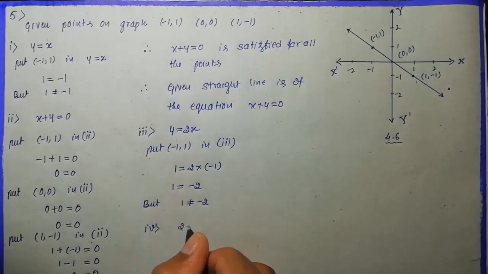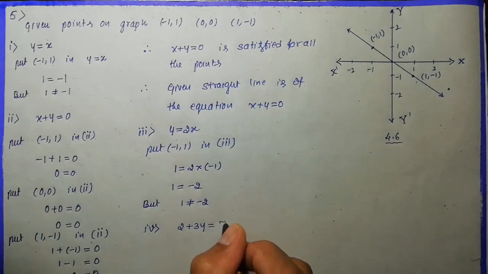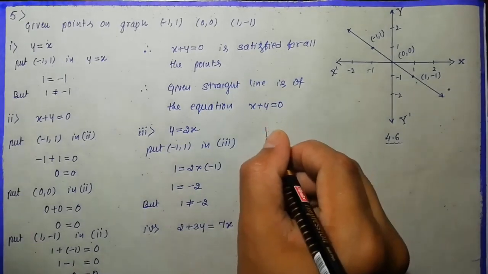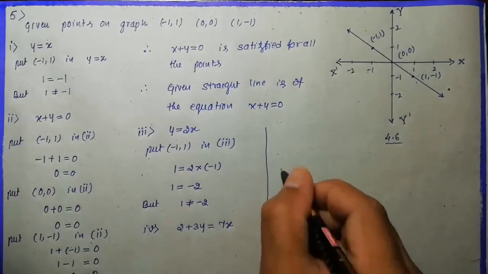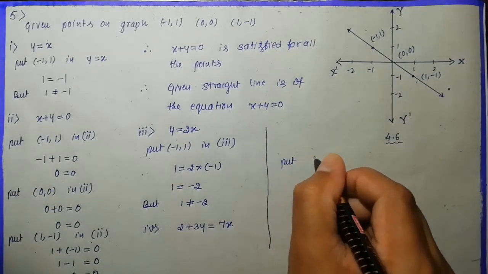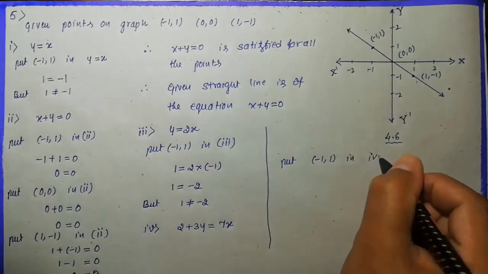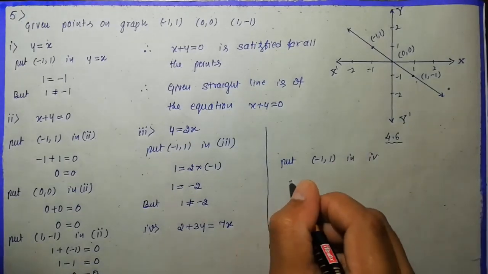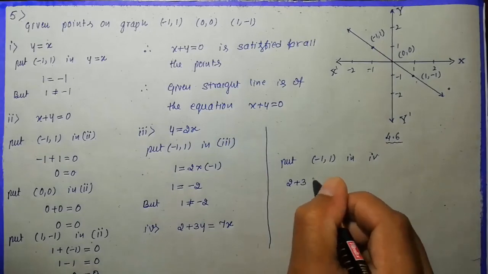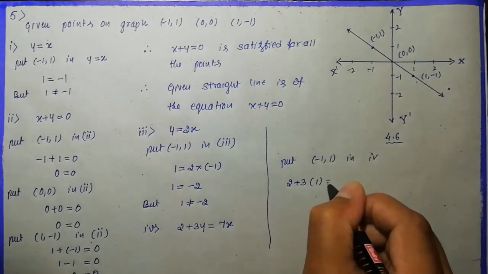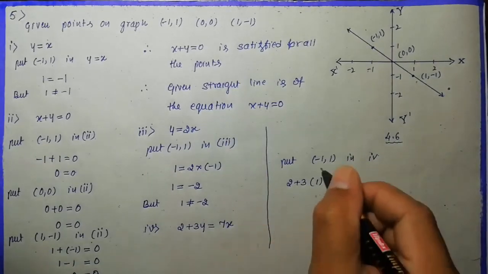The equation is like this: 2 plus 3y is equal to 7x. Now let us verify this one. Put the first point, minus 1 comma 1, in 4. Let us see what will happen. 2 plus 3, y means 1, is equal to 7, x means minus 1.